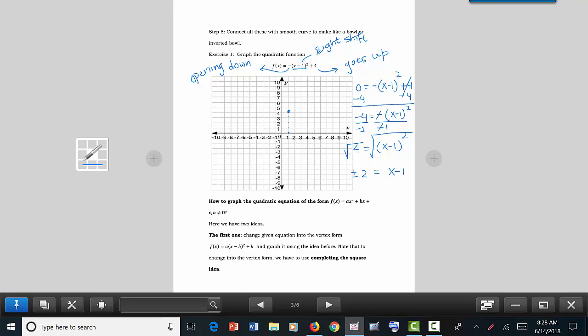So if you take the positive sign, 2 equals x minus 1, that gives x equals 3. That means the point (3, 0). So the graph will cross here.